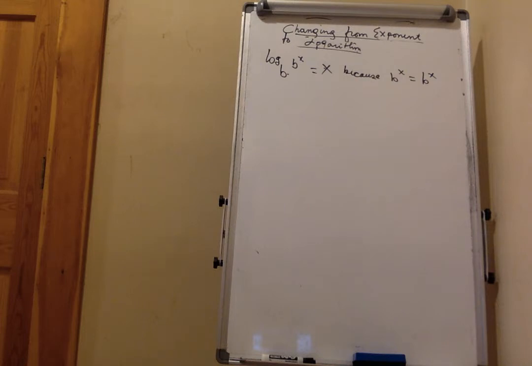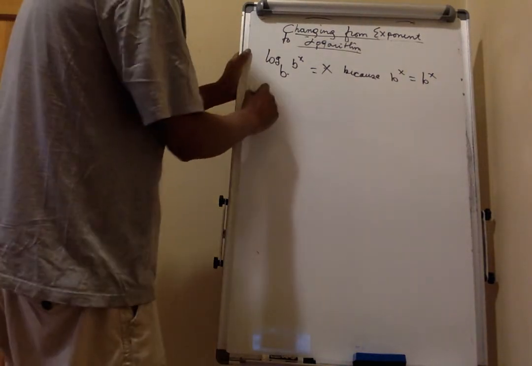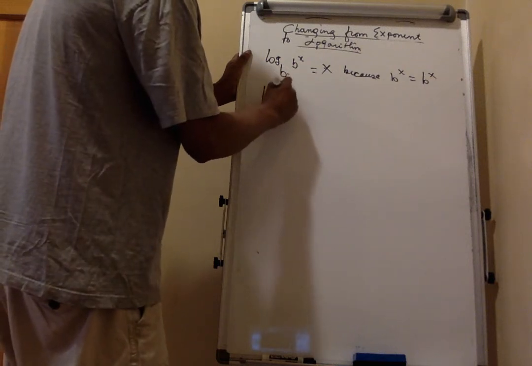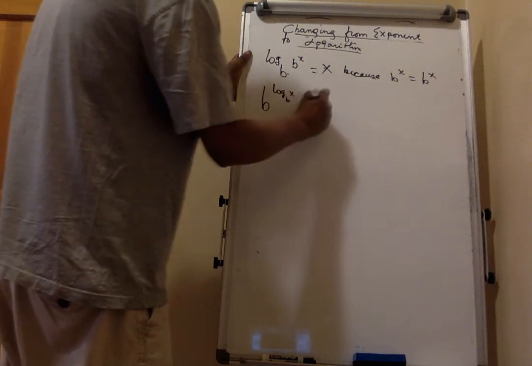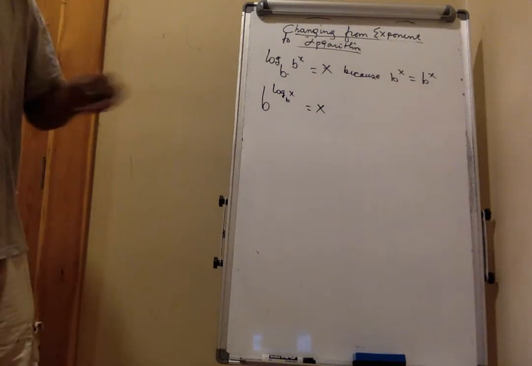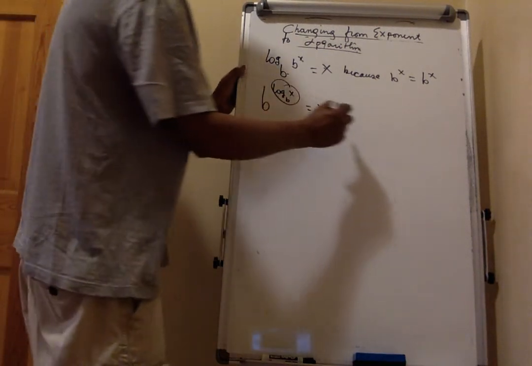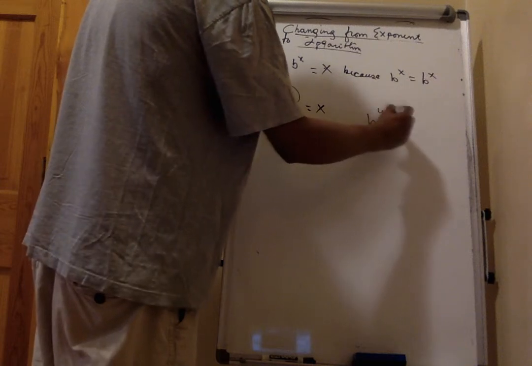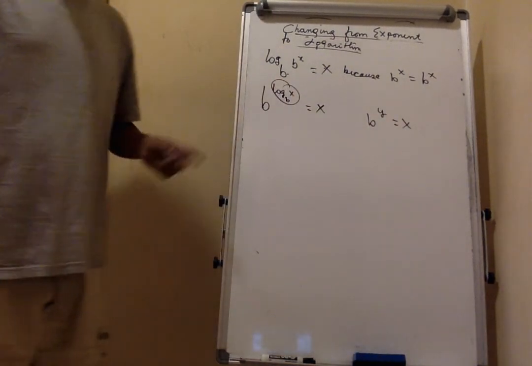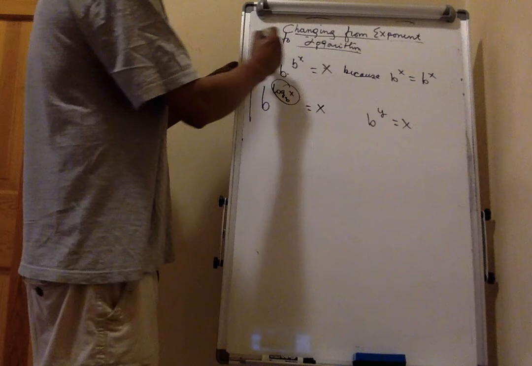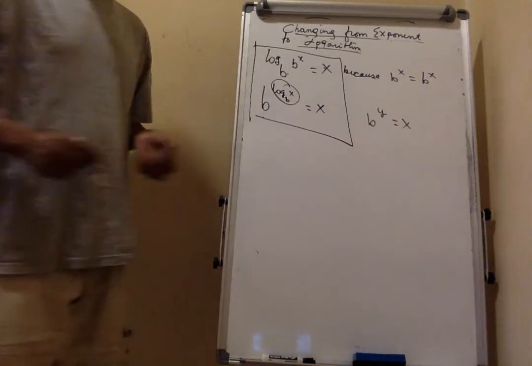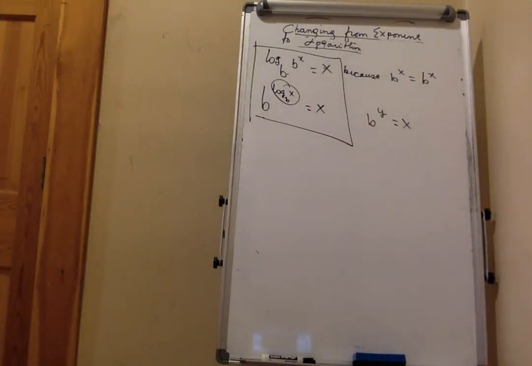And also another property, b to the log base b of x is also x. B raised to the power of log base b of x, because log base b of x is what? y. b to the y is x. So know these properties. Probably let's do one of them.